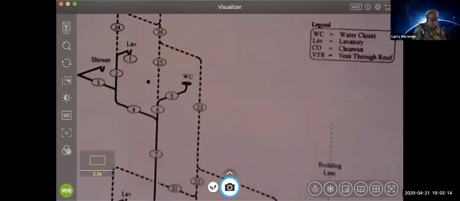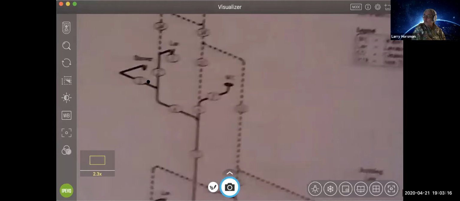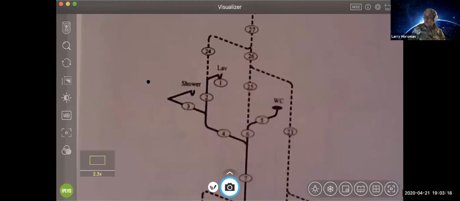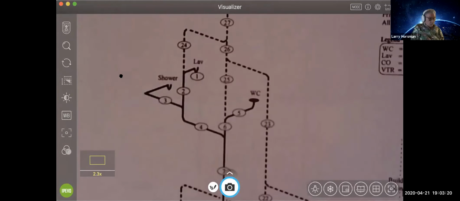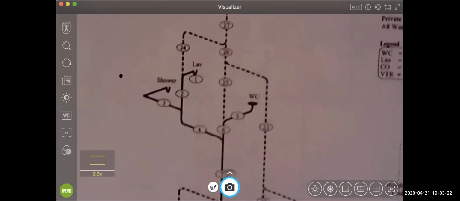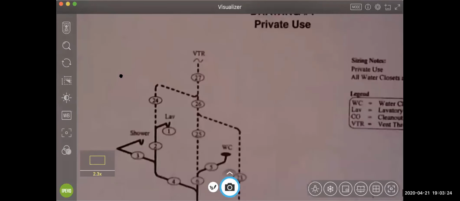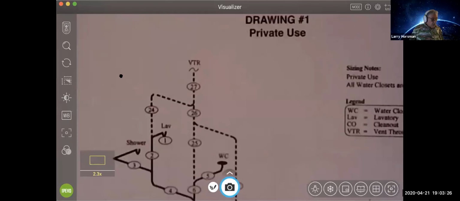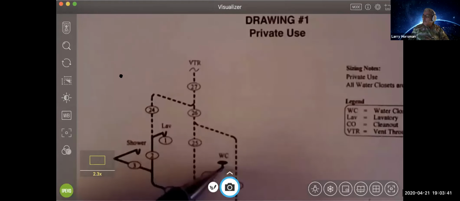So this is just a schematic. We've got this for residential. So there are some water closets. If we look right here, this represents a water closet right there.